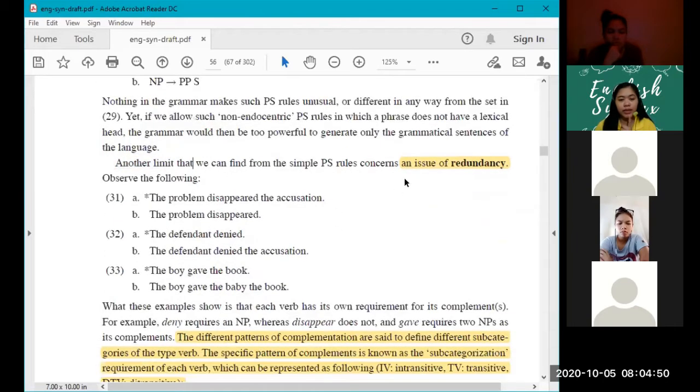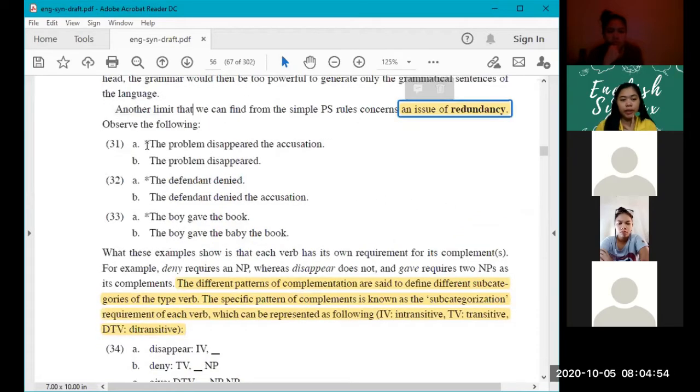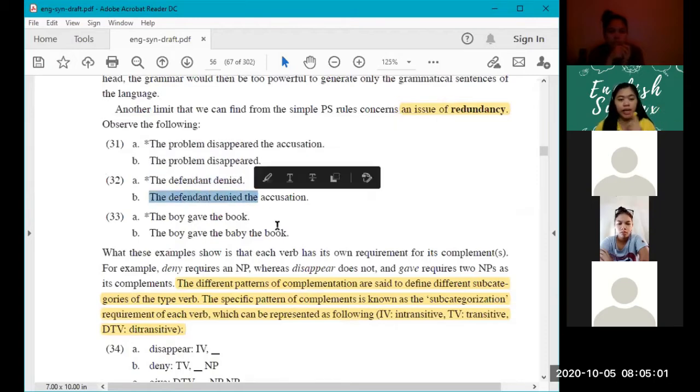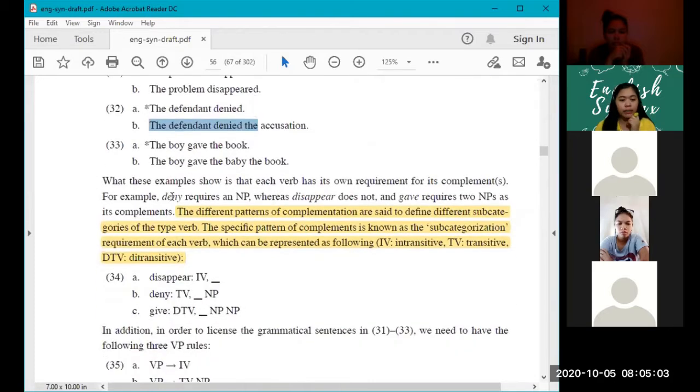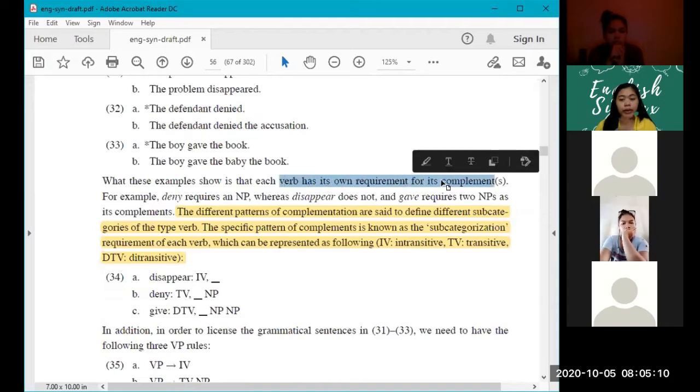Another limit in PS rules is the issue of redundancy. For example, the problem disappeared; the defendant denied the accusation. Each verb has its own requirement of complements.